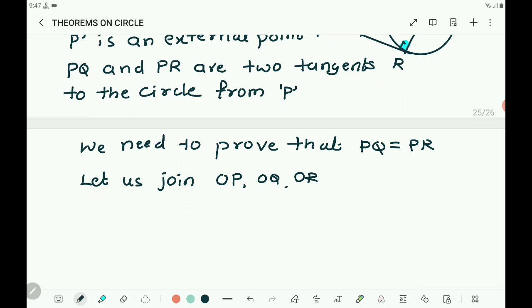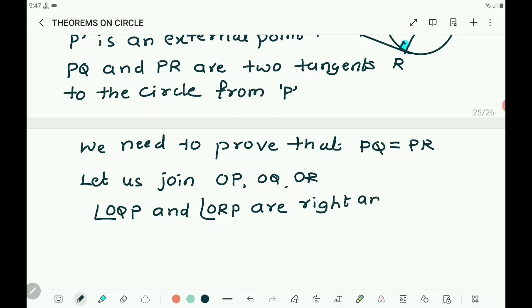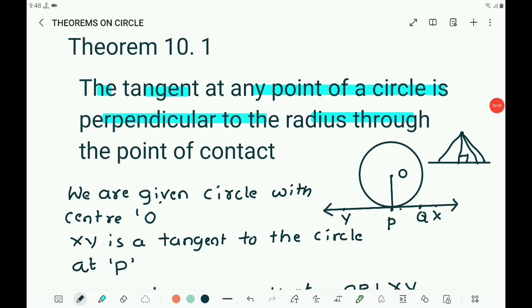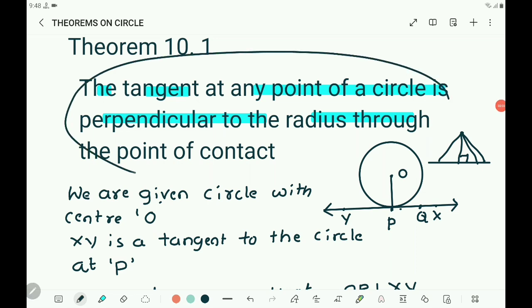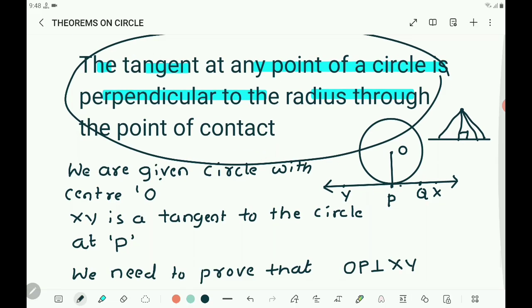Angle OQP and angle ORP are right angles. Reason, previous theorem, that is theorem 10.1. What is the statement of that theorem? Just now we proved that theorem. Tangent at any point on a circle is perpendicular to the radius through the point of contact.